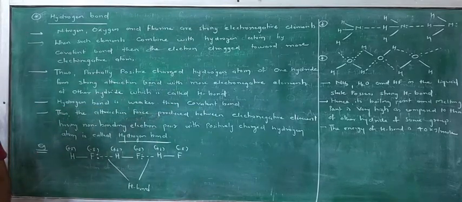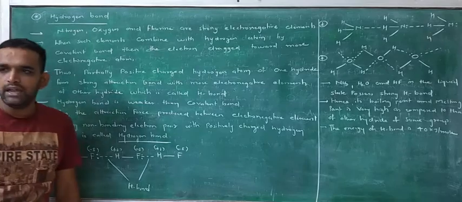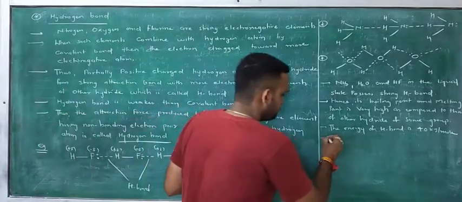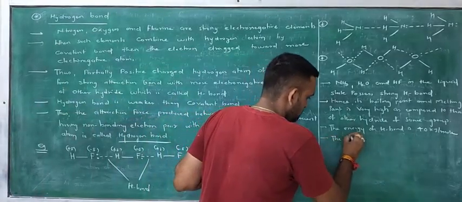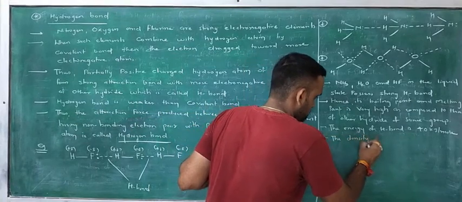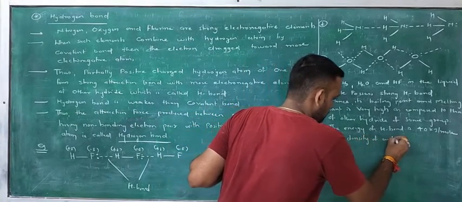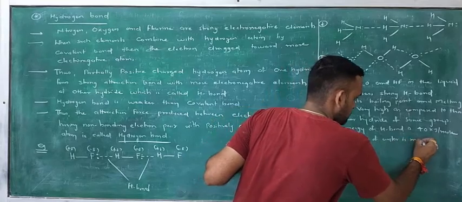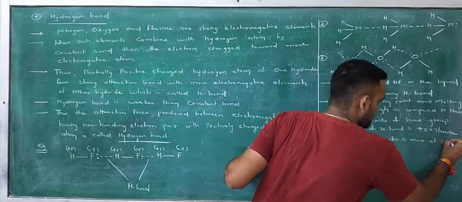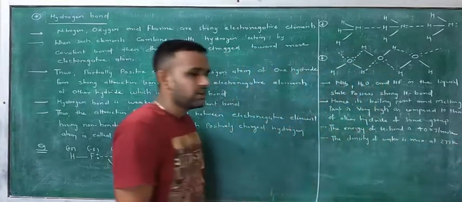Now, the density of water is maximum at 277 Kelvin temperature, right?